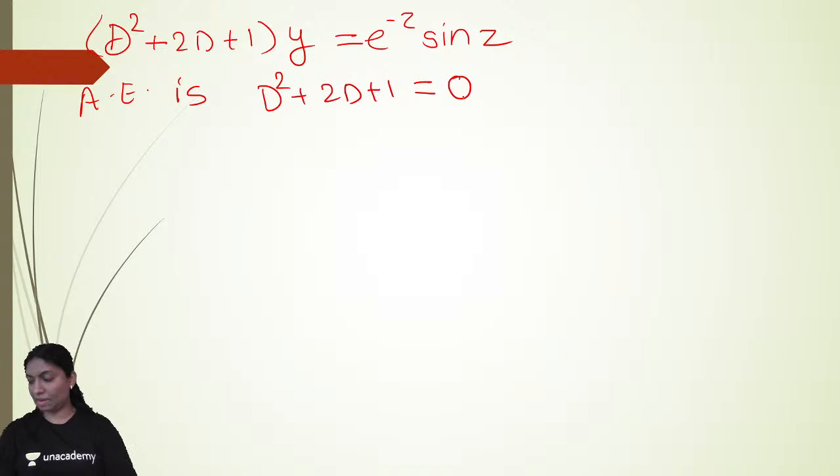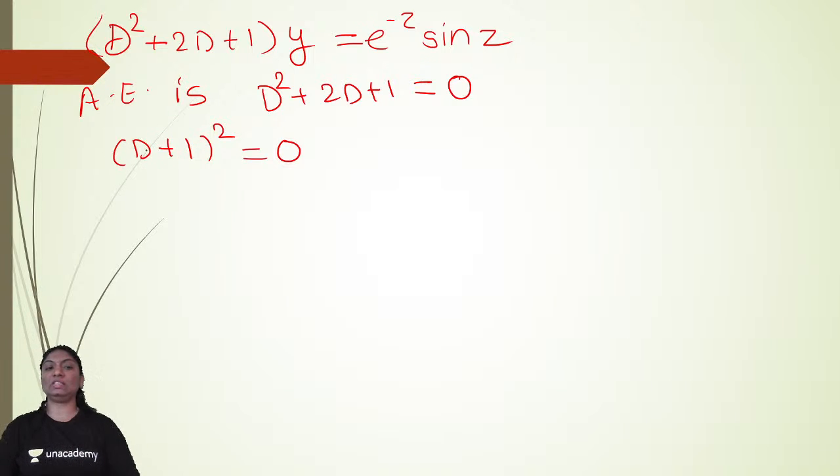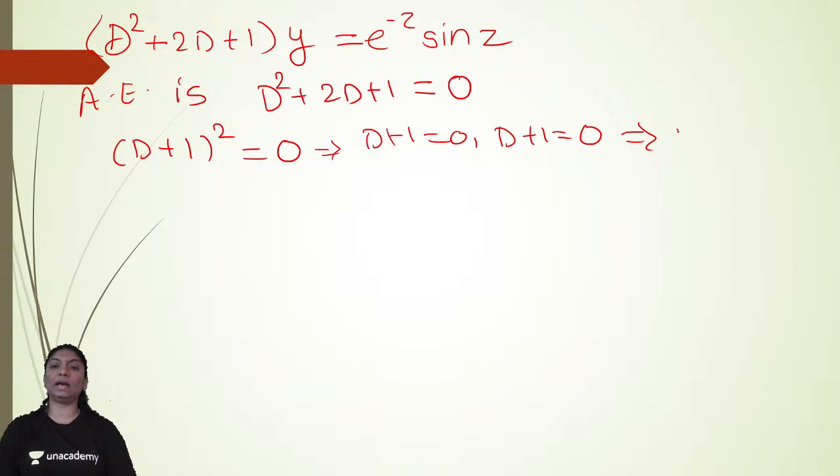This is nothing but d plus 1 whole square is equal to 0, a complete expansion of d plus 1 whole square. Which implies d plus 1 is equal to 0, so d is equal to minus 1, minus 1.